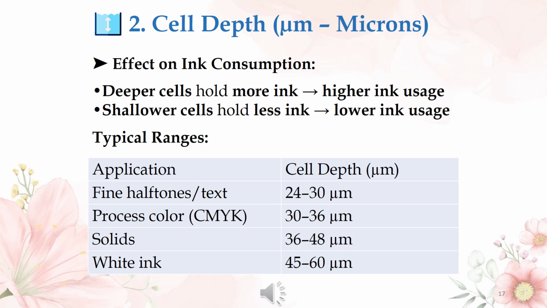For fine halftones and text, generally the cell depth is 24 to 30 micron. For process colors CMYK, cell depth is 30 to 36 micron. For solid areas, cell depth is generally 36 to 48 micron. For white ink, cell depth is 45 to 60 micron.